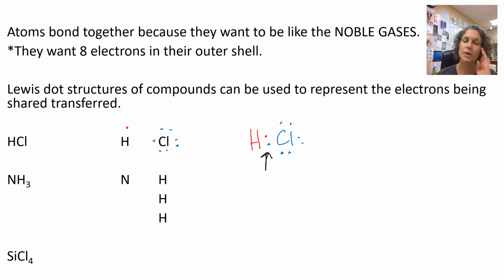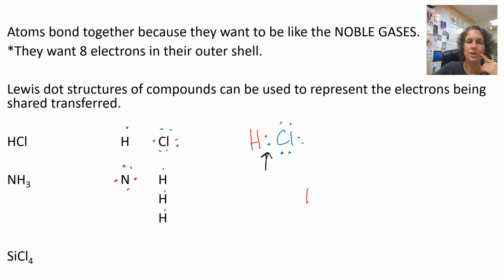For the next one, NH3. N has 5 dots. It is in the 5A, or the 15th column. We've already talked about hydrogen. Each hydrogen has 1 electron. And again, remember, 8 is kind of the magic number.